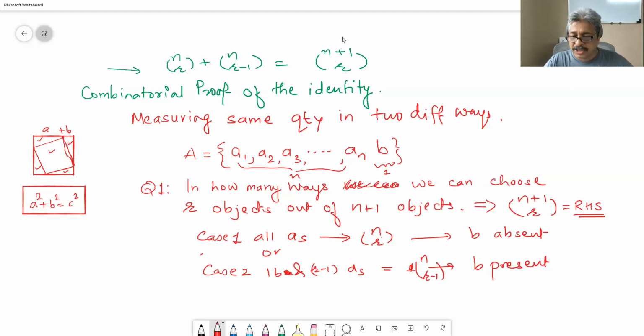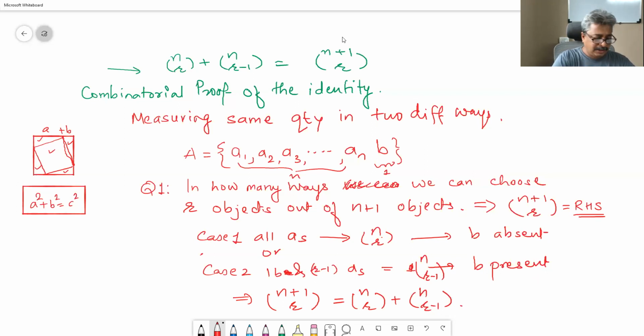Here B is absent, here B is present. So this or this will give me a total of r objects out of n plus 1 objects, and therefore n plus 1 choose r, which is the RHS, equals n choose r plus n choose r minus 1. That is the combinatorial proof of the identity.